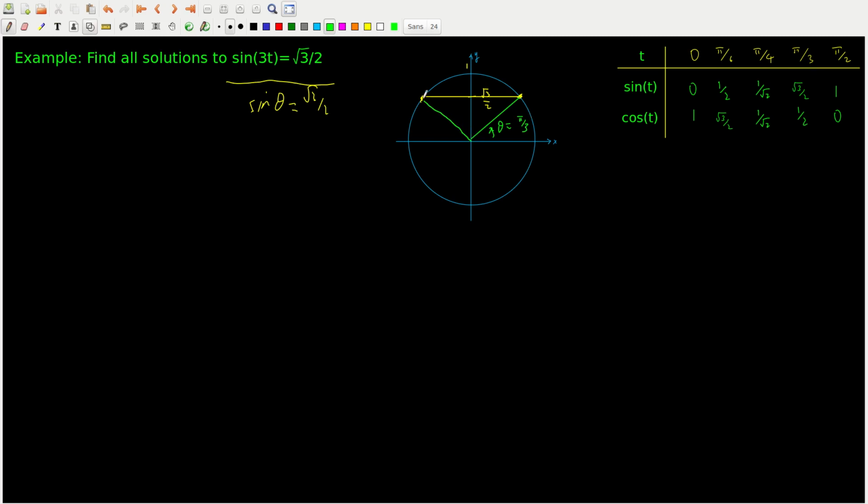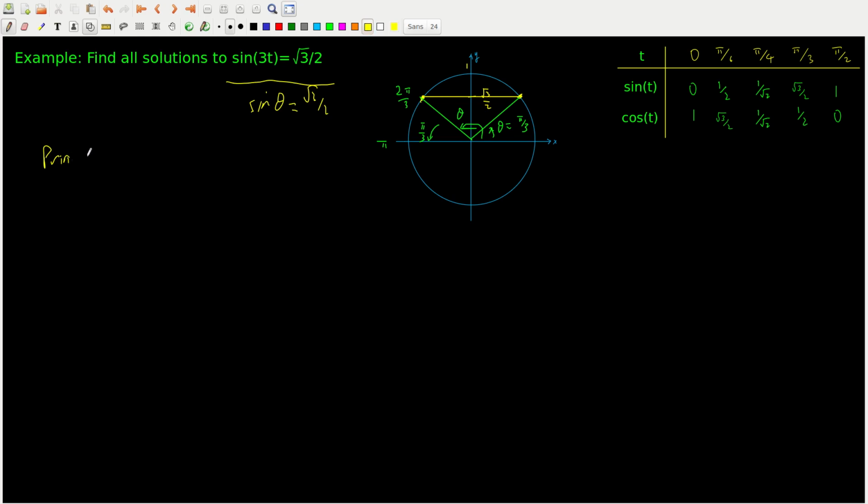We've got a second angle over here, also theta. And thinking about reference angles, this must also be pi over 3. This is pi, and so that one must have been 2 pi over 3. So our principal solutions, again, are principal solutions to the equation sine of theta equals root 3 over 2.